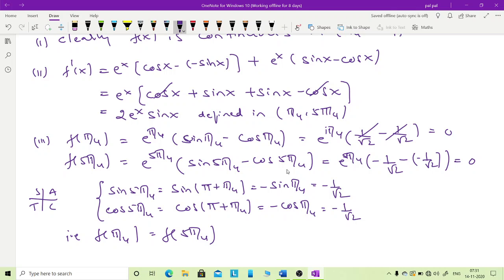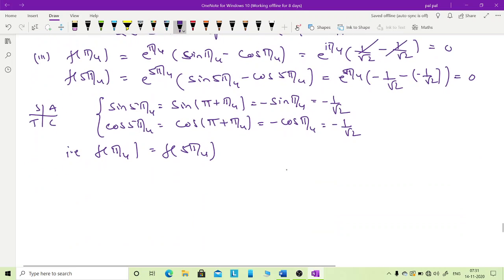Okay. So therefore f of x satisfies all the conditions of Rolle's theorem.